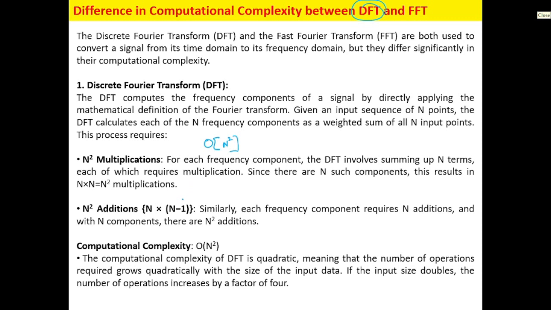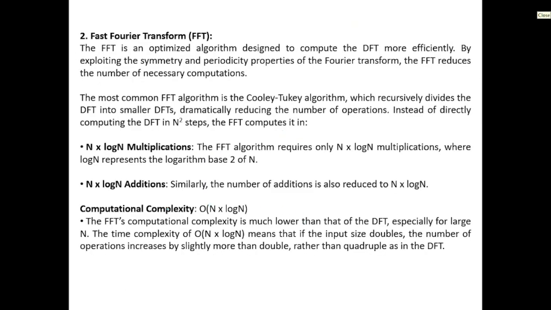On the other hand, in the case of the fast Fourier transform, we have big O of capital N multiplied by log of N. If you replace N with 2, and the log is log base 2, then log 2 is 1, so we have big O of 2.